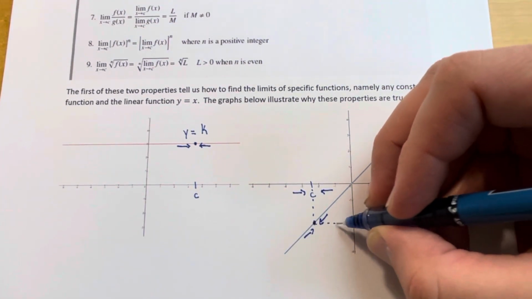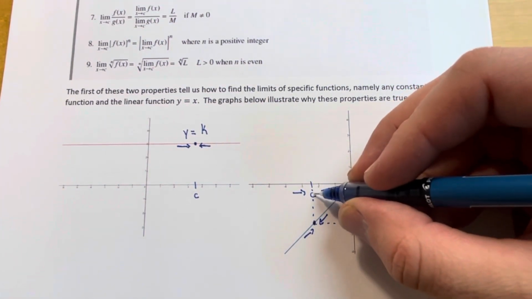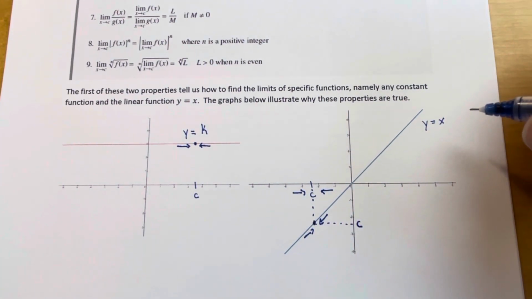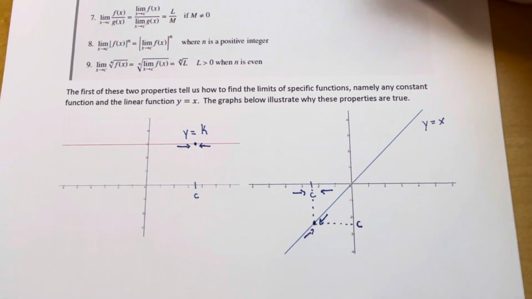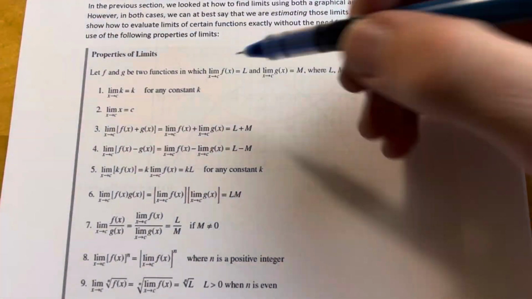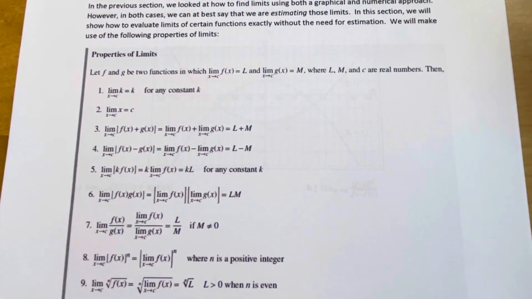But because this is the line y equals x, if this x value is c, then the corresponding y value would also have to be c. And that's the reason why we get this second property here, okay? So these two are easy to see why they work just by looking at the graphs of the functions that we're taking those limits of.